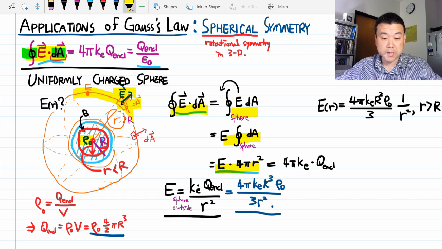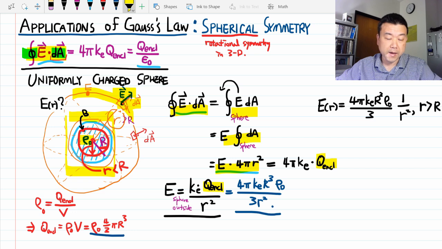The flux is electric field times 4 pi r squared, the area of the Gaussian surface. So what changes? What changes here is the charge enclosed. You can see it in the picture here. I'm leaving a bunch of charge on the outside. So I have to put in the correct value of charge enclosed to get the correct result here.